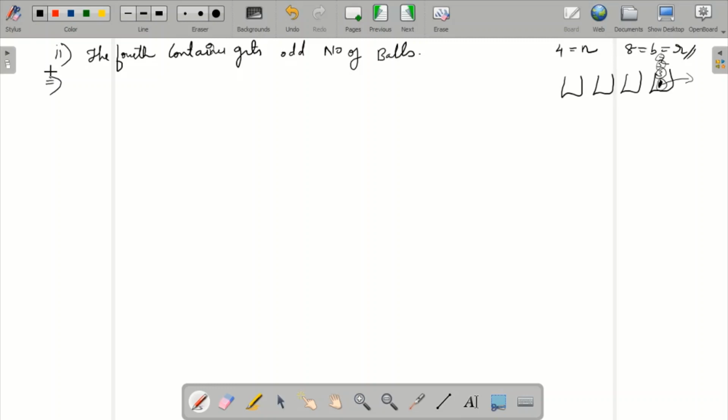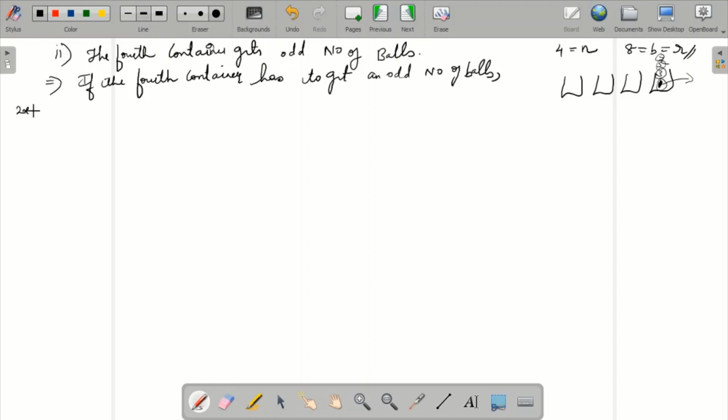If the fourth container has to get an odd number of balls, we have to put 1 or 3 or 5 or 7 balls into it.